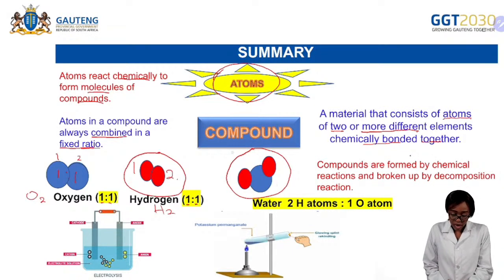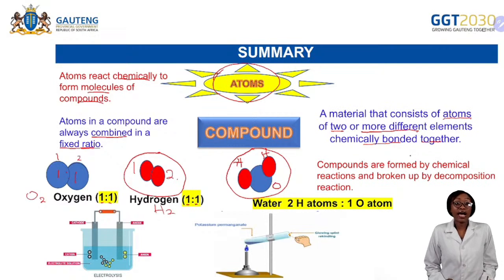Water is made up of two elements: hydrogen and oxygen. So we have two elements that are chemically bonded together. Remember we said a chemical bond is a force that holds atoms in a compound together. So these are being held together. So now this is our water.